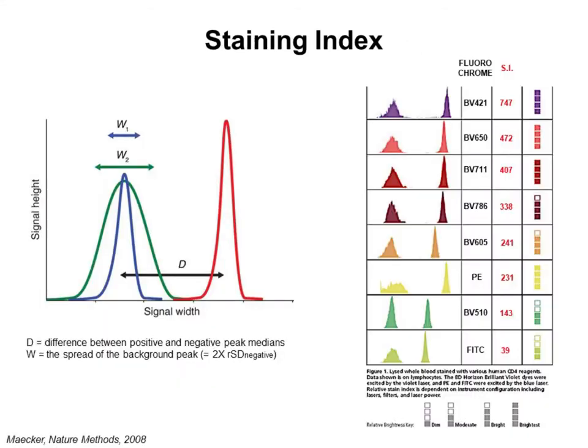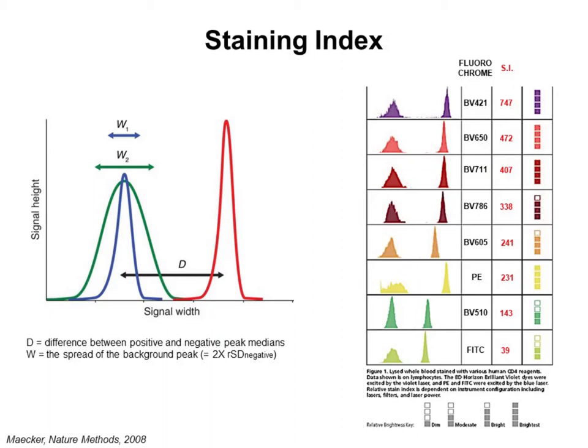Regarding the staining index, on the left side you see how you can calculate your staining index based on the width of the signal and the spread of the background peak.